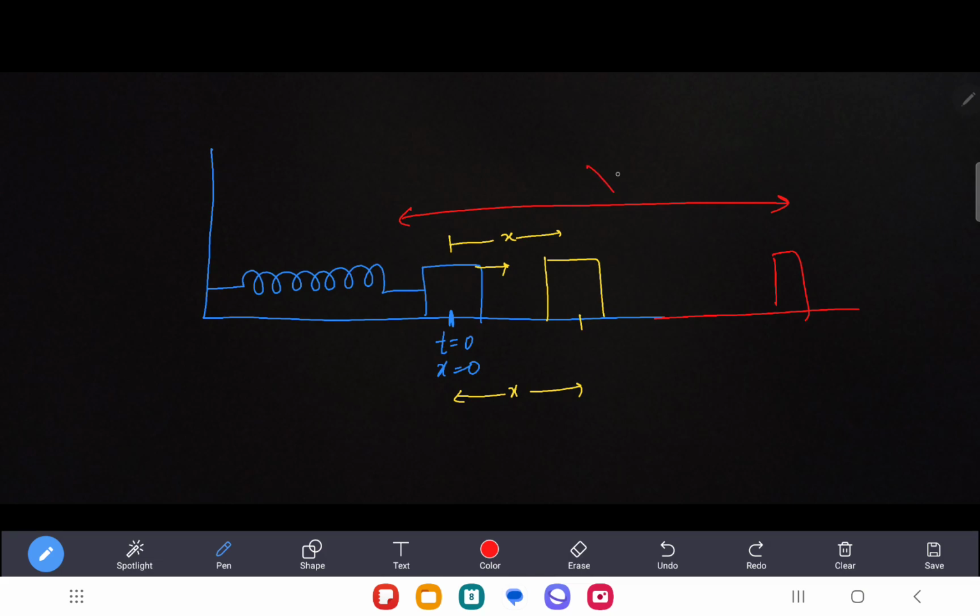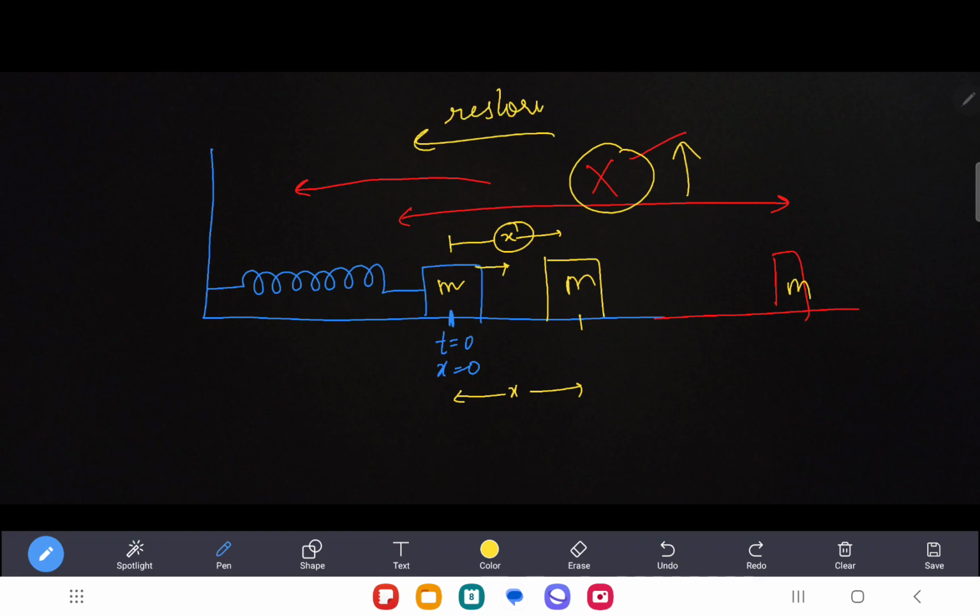So where do you think you will experience more restoring force, at small x or at larger X? When you have pulled it forward by a little amount, or by more amount? More. So the moment x increases, you experience more restoring force.